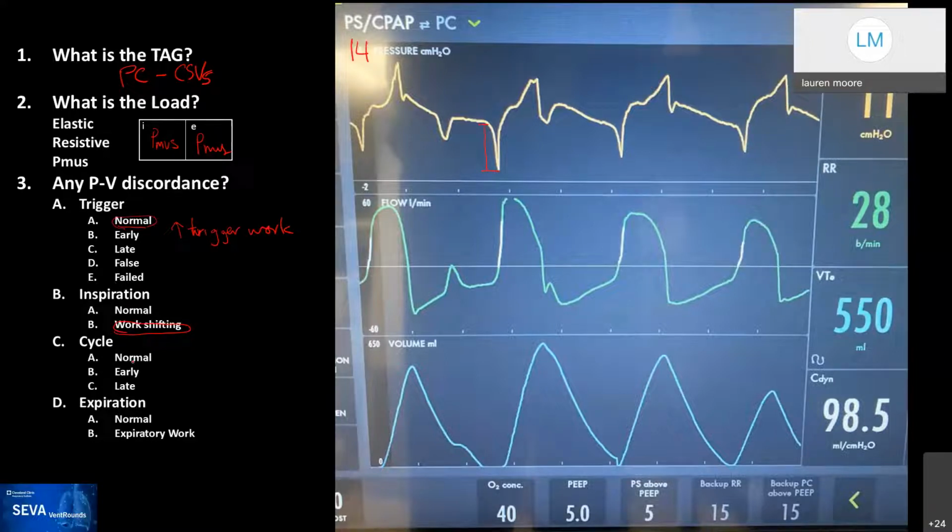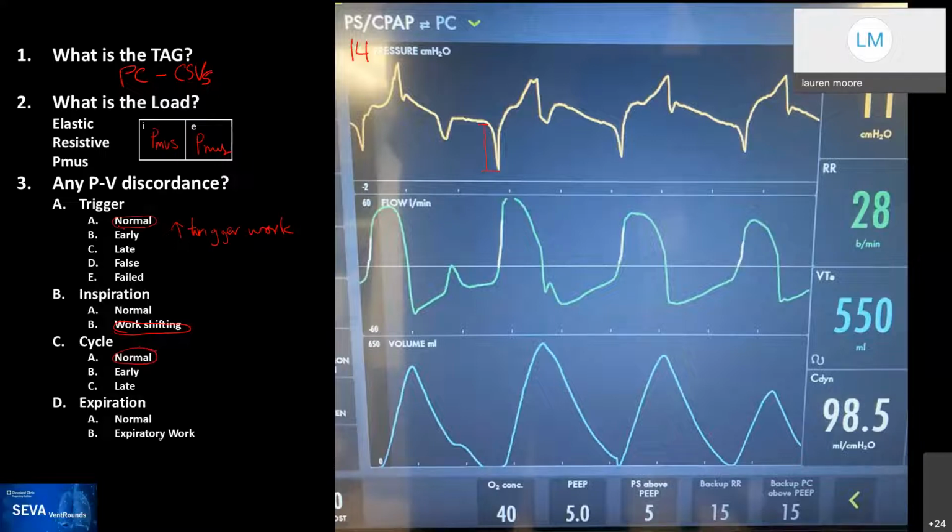And since this is a pressure support mode, meaning that the patient is cycling, I'm going to rather go with it's the vent trying to adjust for the pressure. So when the patient starts the breath, he's doing a lot of effort, he's sucking really hard. So the machine is trying to pressurize. And then when he relaxes to exhale, it overshoots. So I'm going to say cycling is appropriate for now.